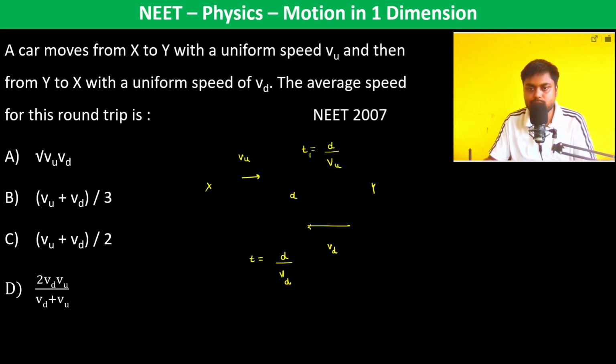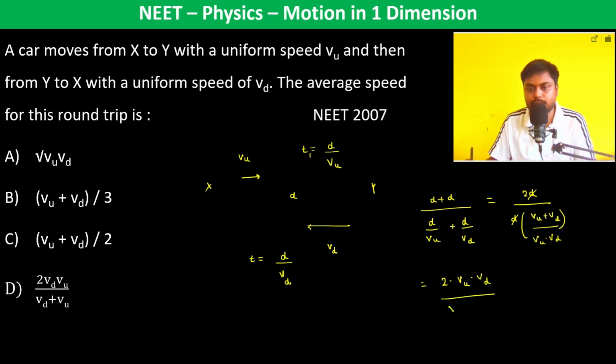Therefore the average speed is going to be (d plus d) divided by the total time, which is d by vu plus d by vd. That is 2d divided by d(vu plus vd) over (vu into vd), the d cancels. So this is 2 into vu into vd divided by (vu plus vd). Therefore D is going to be the option.